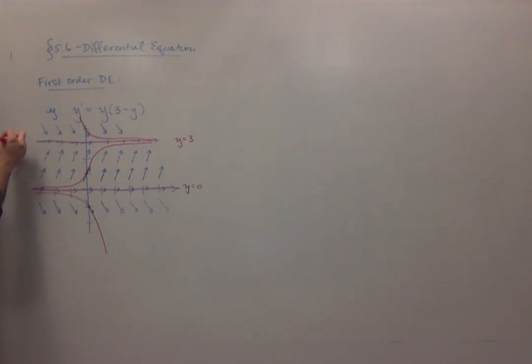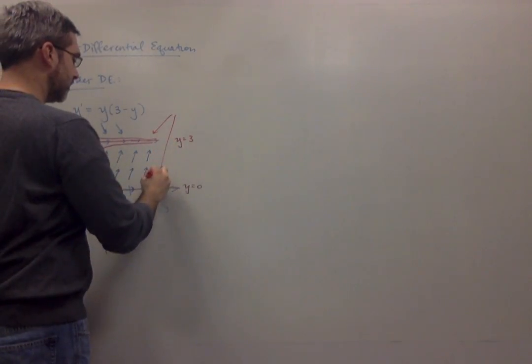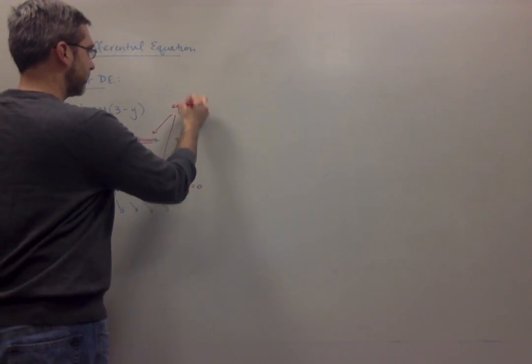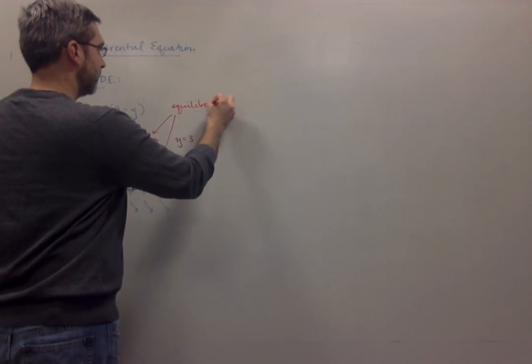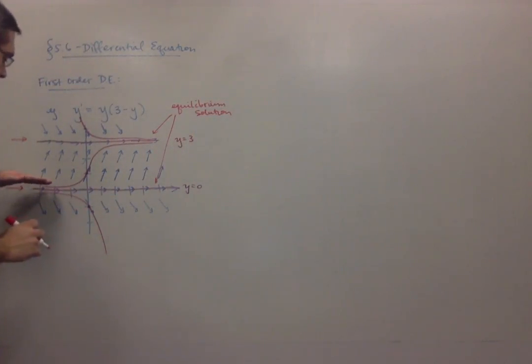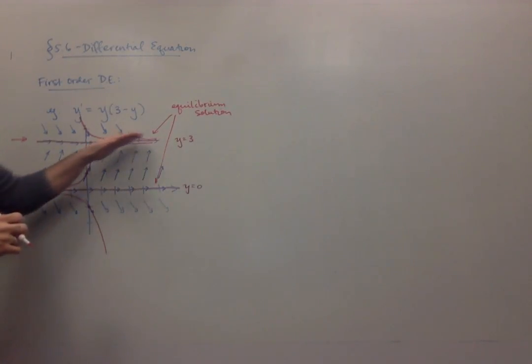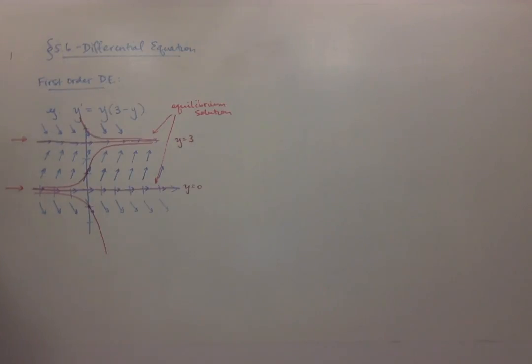These two lines right here are called, because you don't move off of them, they just stay constant, equilibrium solutions. They don't move. Whereas over here, as you start going off, they end up changing their y value. So those are not equilibrium solutions.